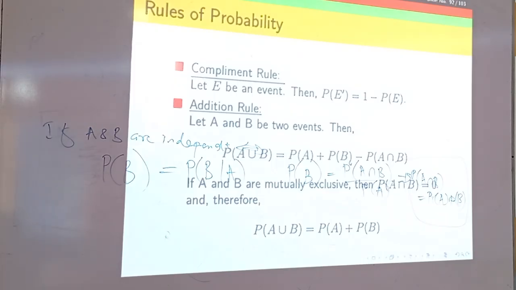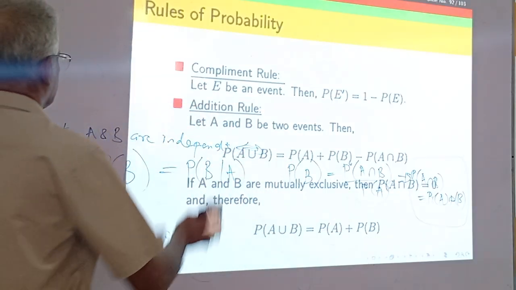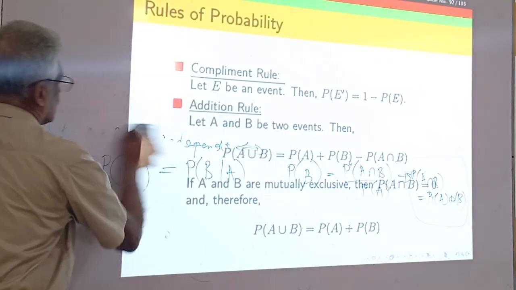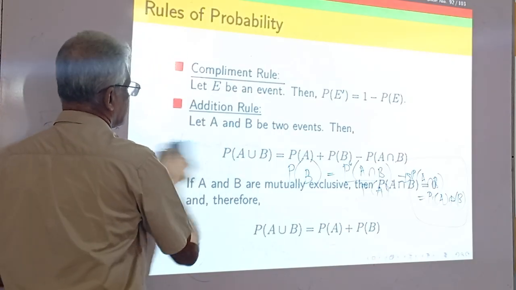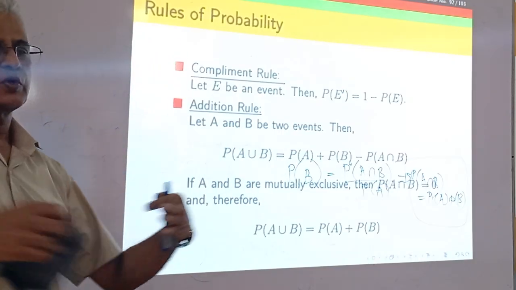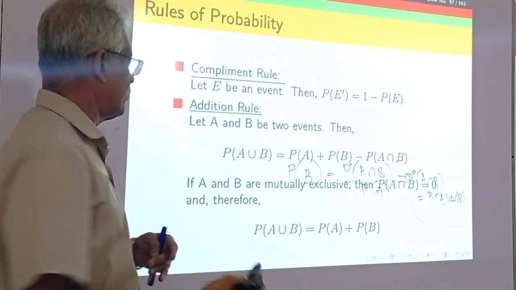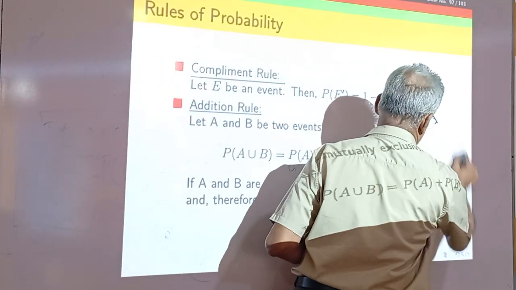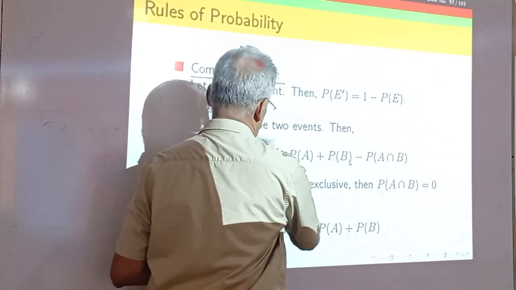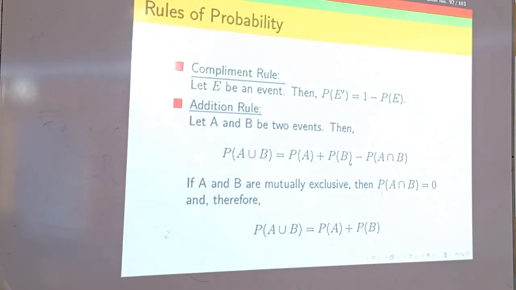So now, including that, we will talk about general probability rules. These are the ones that we always use when we want to calculate the probability of some complex event, when we know the probability of some simpler events. There are not many rules actually, very few rules.